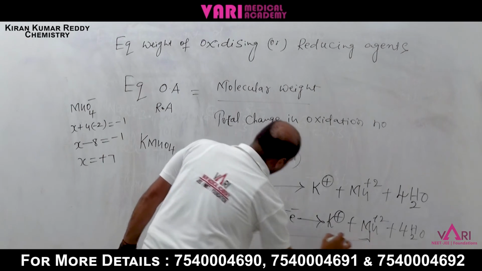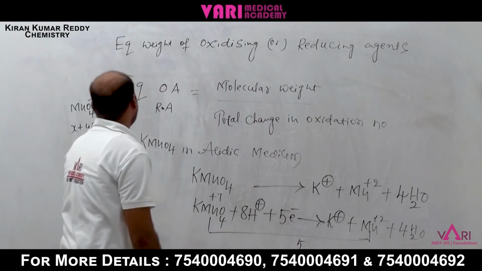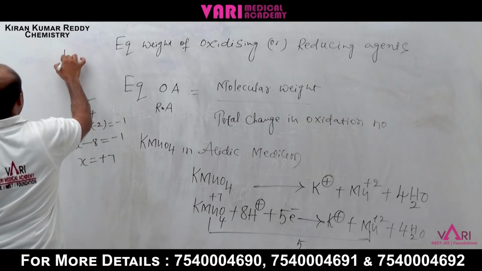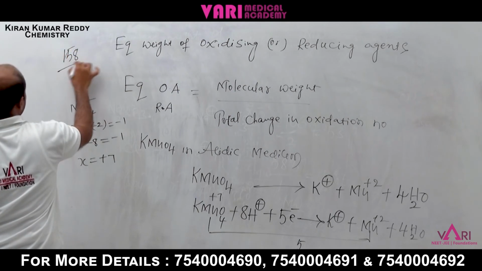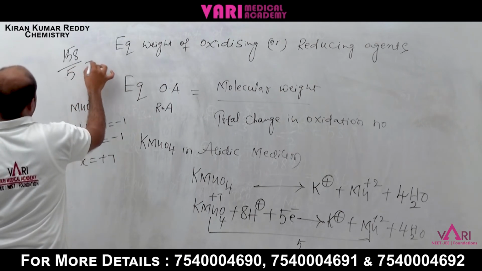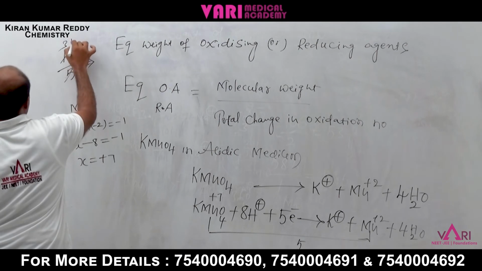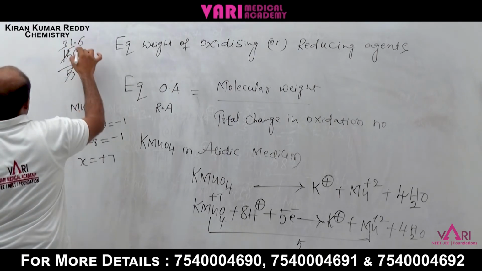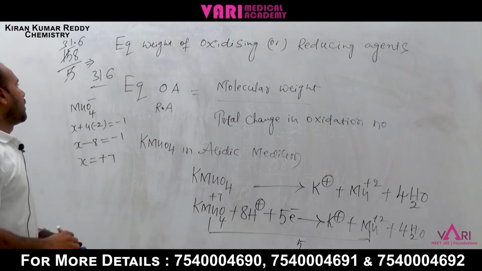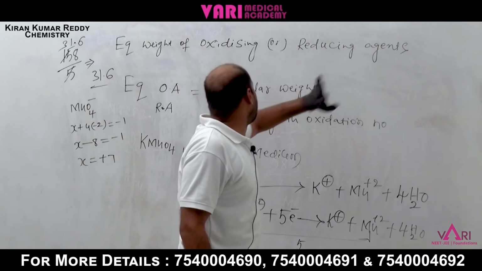From plus 7 to plus 2, what is the change? 5. Now the equivalent weight of KMnO4 in acidic medium is 158 by how many? 5. That is 31.6.